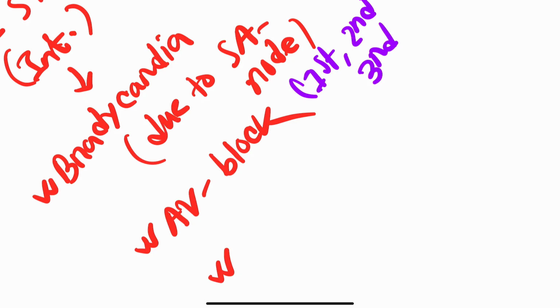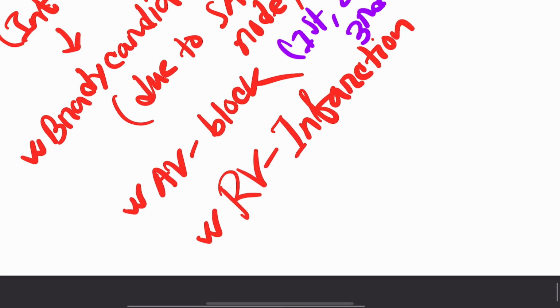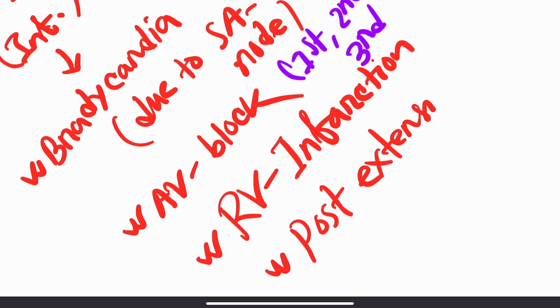There may be right ventricular infarction due to involvement of the branches supplied to the right ventricle, and the patient may present with severe hypotension. And lastly, you may also get posterior extension of the ST-elevated MI, and you will find it by doing a posterior ECG with posterior leads like V7, V8 and V9. Thank you very much.